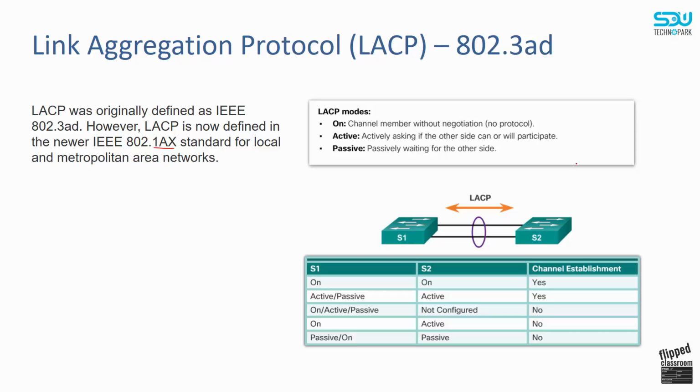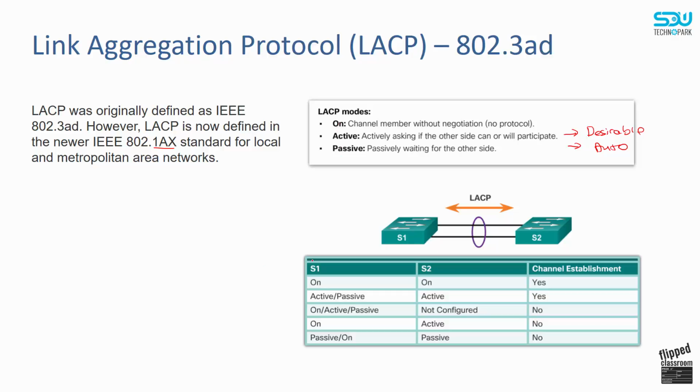If we make a comparison with the PAgP protocol, active is the same as desirable, and passive is the same as auto. And also we have on, which is not part of the protocol negotiation process.